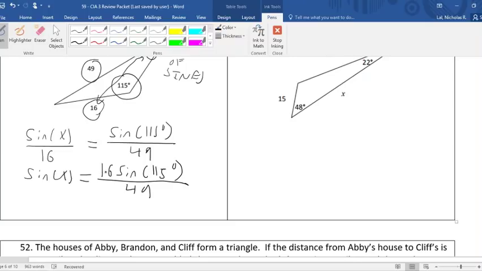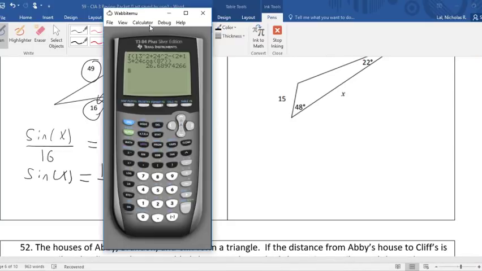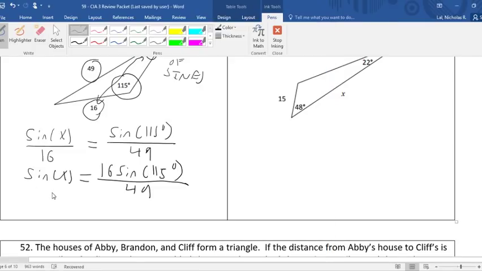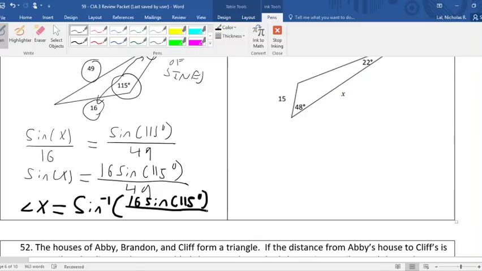And so in that case, angle x would be equal to the inverse sine of 16 times the sine of 115 degrees all over 49.